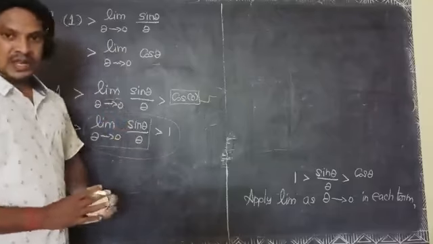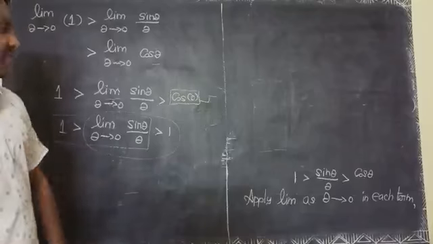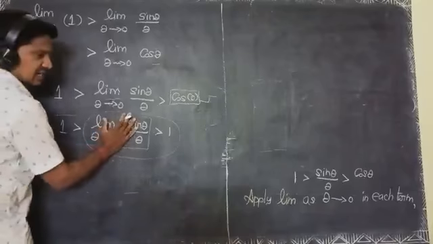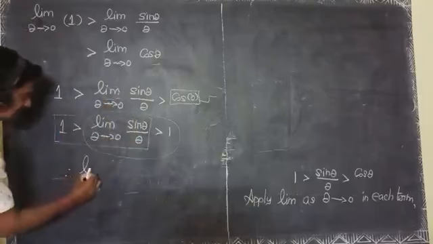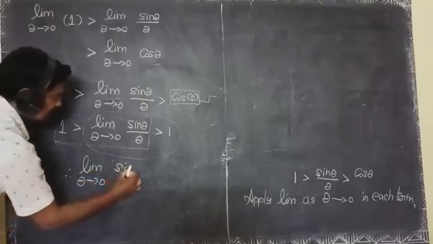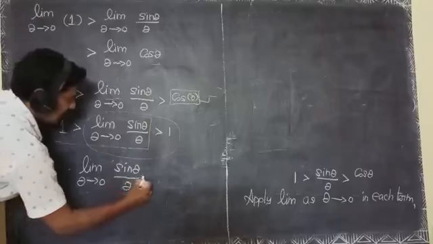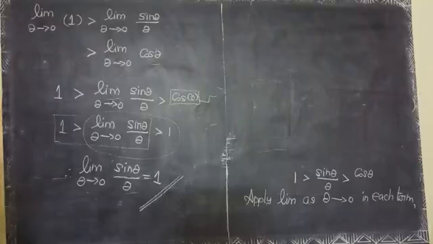Since it can be neither less than 1 nor greater than 1, the result must be equal to 1. That is, the limit as theta tends to 0 of sin theta divided by theta equals 1. Hence proved.